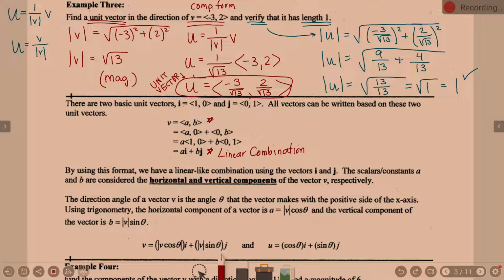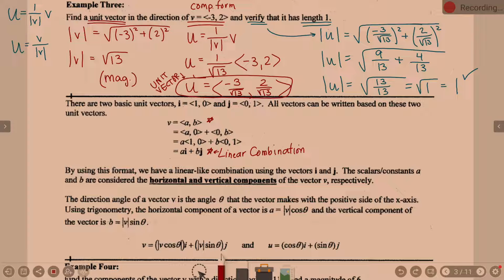I don't remember exactly how the directions read in homework on various parts, but if you're asked to write something as a linear combination, this a times i plus b times j is what we're looking for.